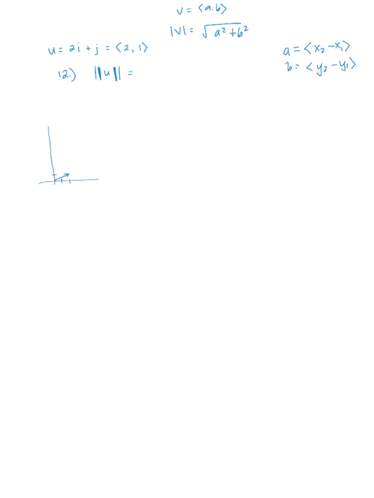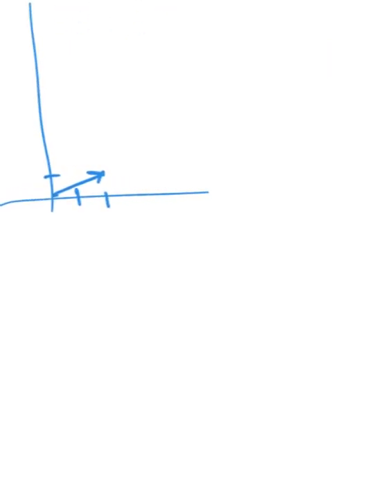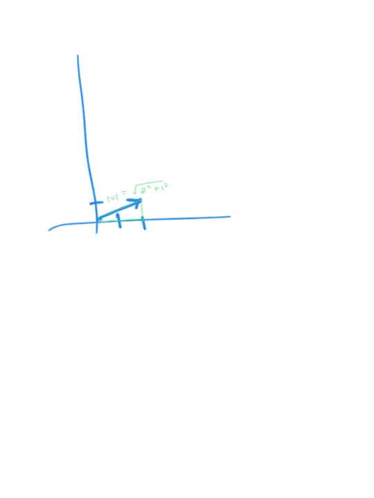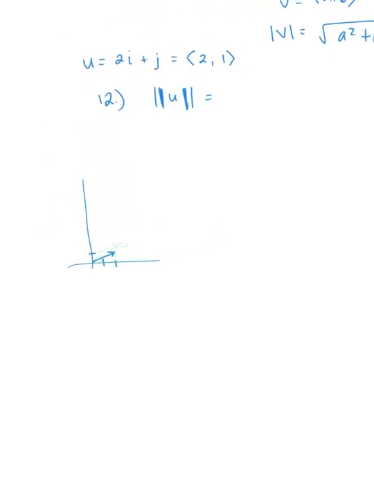So it would be going in this direction, and then I can find that length by just using the Pythagorean theorem, which is what this is. So we would just do this length right here, which is the magnitude of the vector. That would be equal to the square root of 2 squared plus 1 squared from Pythagorean theorem. Okay, so that's where that's coming from. So it would be the square root of the x component squared plus the y component squared. So that would be the square root of 5.